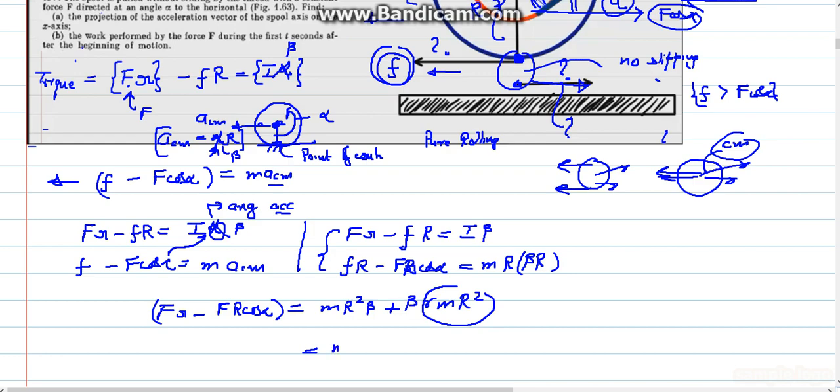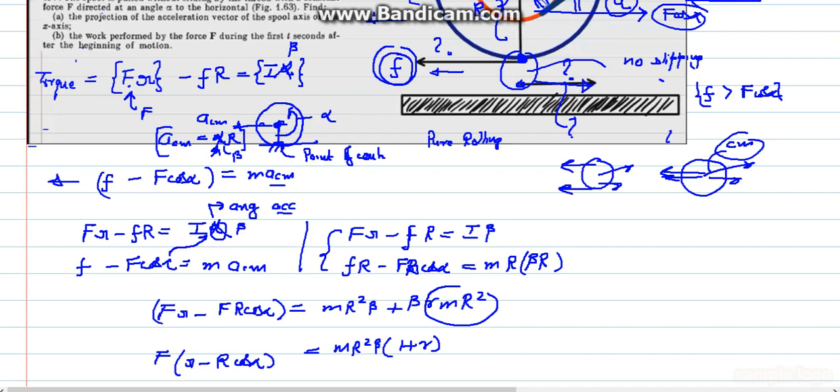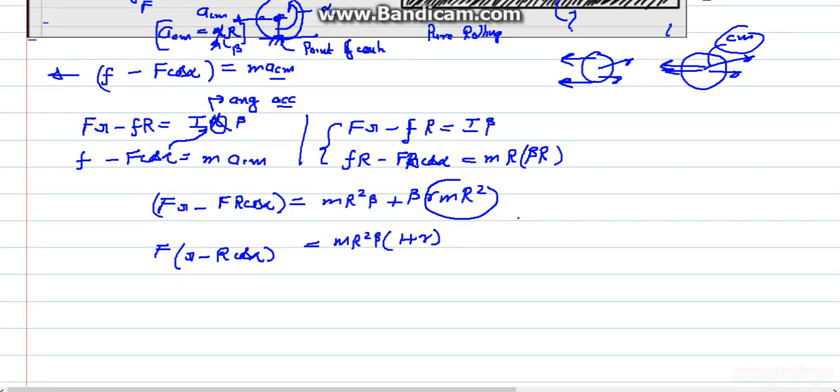So it becomes mR square beta into 1 plus gamma, and on the other side you take F common, R minus r cos alpha. So we can get beta, which is the angular acceleration: F times R minus r cos alpha upon mR square into 1 plus gamma.